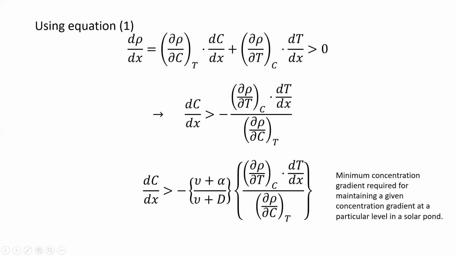We put in a perturbation factor, one plus alpha by v divided by v plus d, which gives the minimum concentration gradient required for maintaining a given concentration gradient at a particular level in a solar pond.